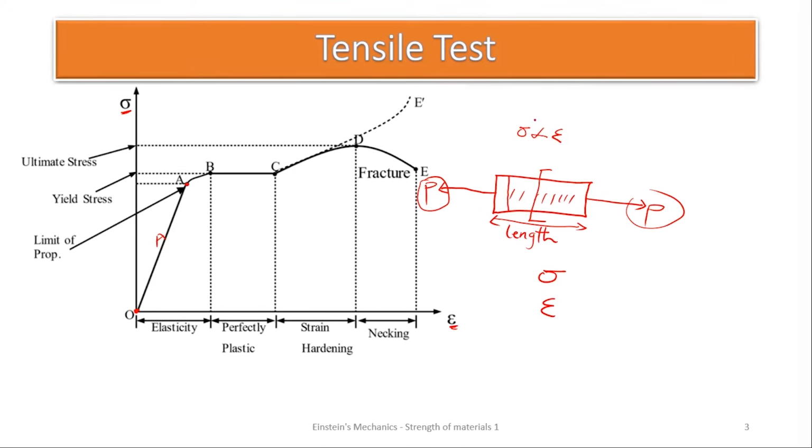Don't be worried, we will explain more when we get to Hooke's law, which shows the relationship between stress and strain. If we apply a 2 kilonewton force to this material, the stress produced was proportional to the strain, meaning an increase in stress caused an increase in strain, and a decrease in stress caused a decrease in strain.